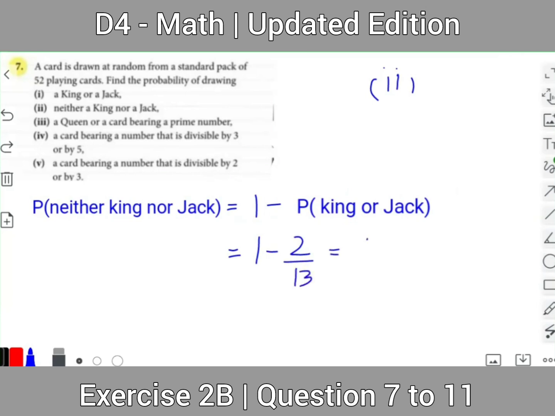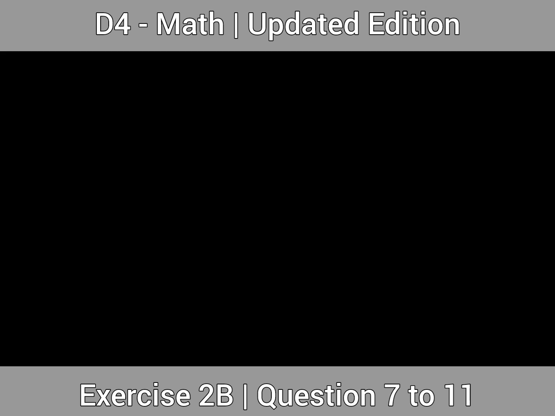And here we have (13 minus 2) over 13. And after subtraction, we will get 11 over 13. So the probability that it is neither king nor jack will be equal to 11 over 13.